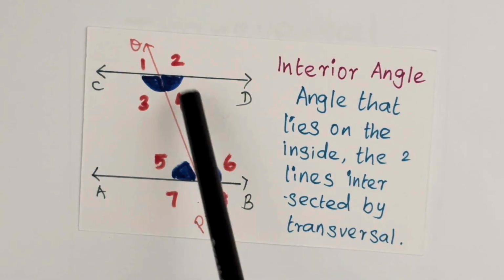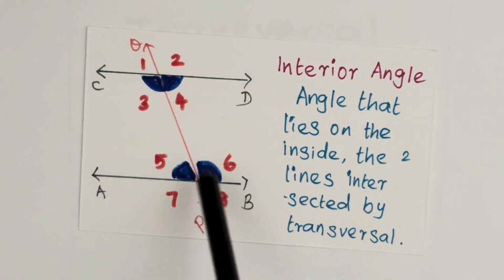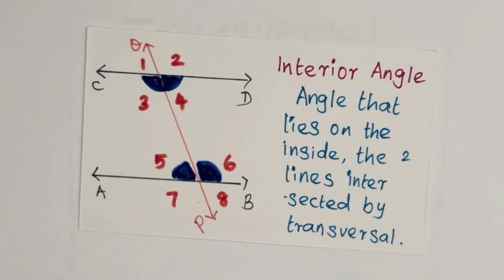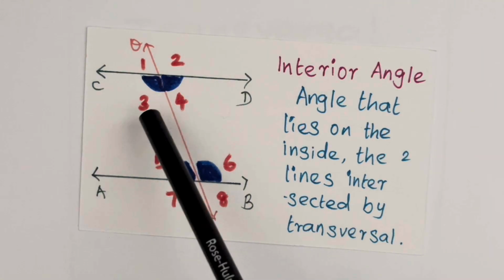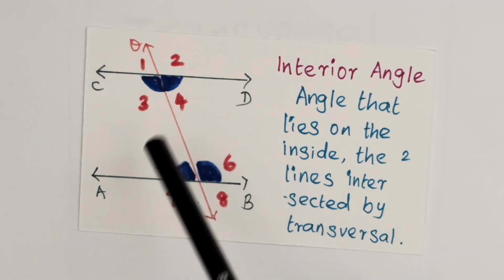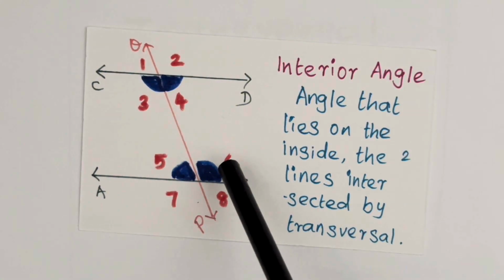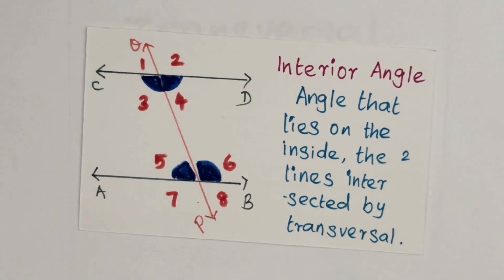The angles formed between the parallel lines are known as interior angles. Angle 3, angle 4, angle 5, angle 6 are the interior angles.